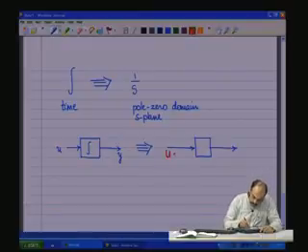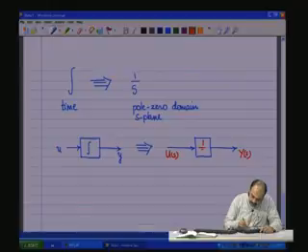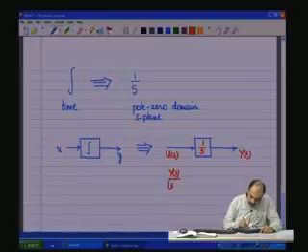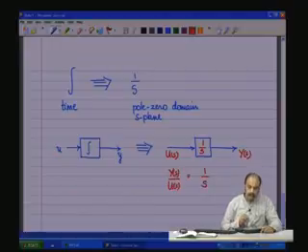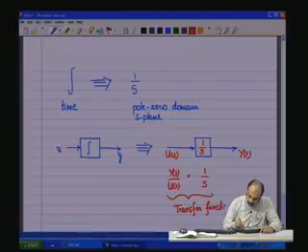Now the input is a function of s, u s, the output is a function of s, y s, and the integrator can be represented as 1 by s, or y by u, the output by the input, is 1 by s. In fact, this we call the transfer function of the integrator.